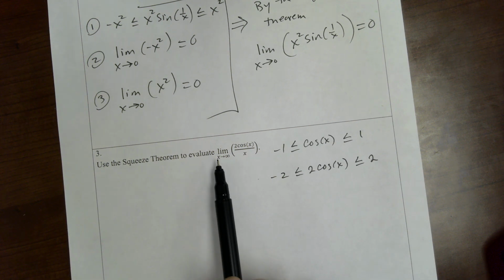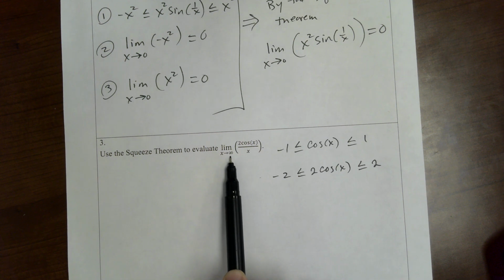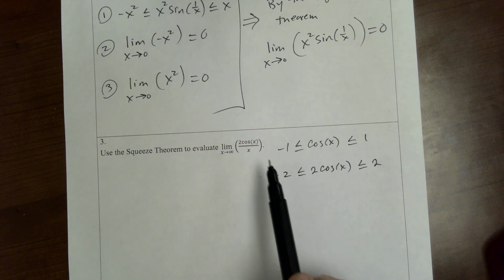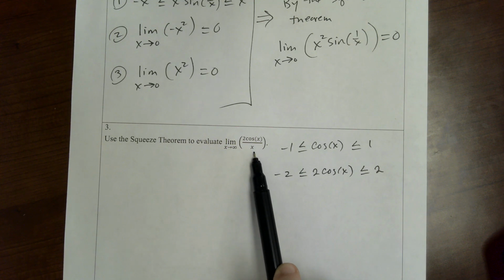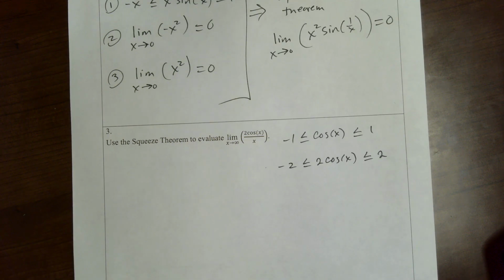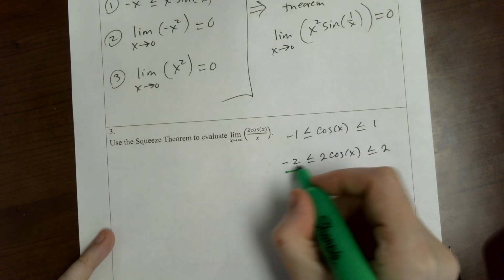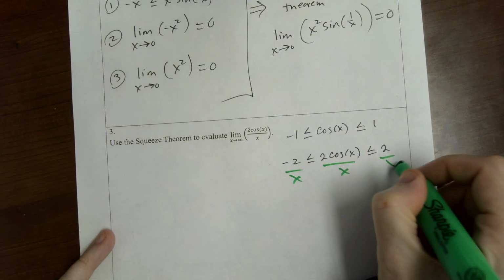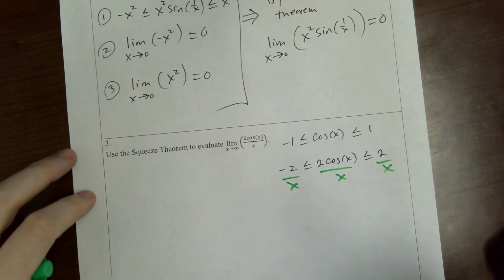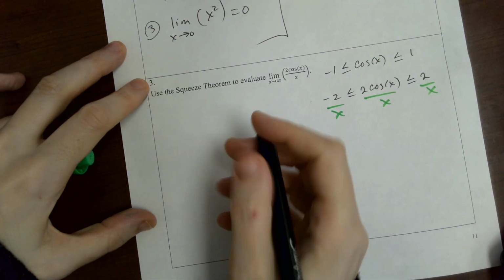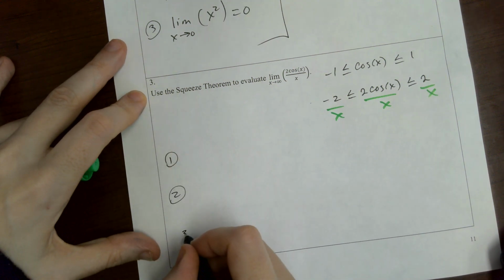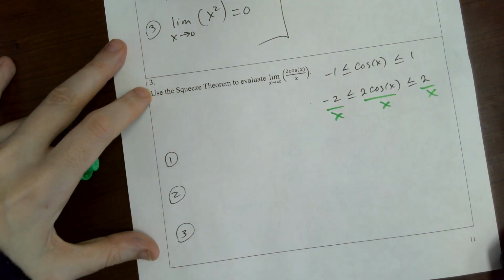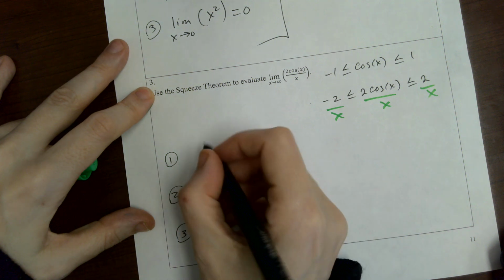But let's look at what x is doing. x is approaching positive infinity, so we're only considering this function for very large positive numbers. That means I can divide by x like that. Now I'm going to go into my three conditions.